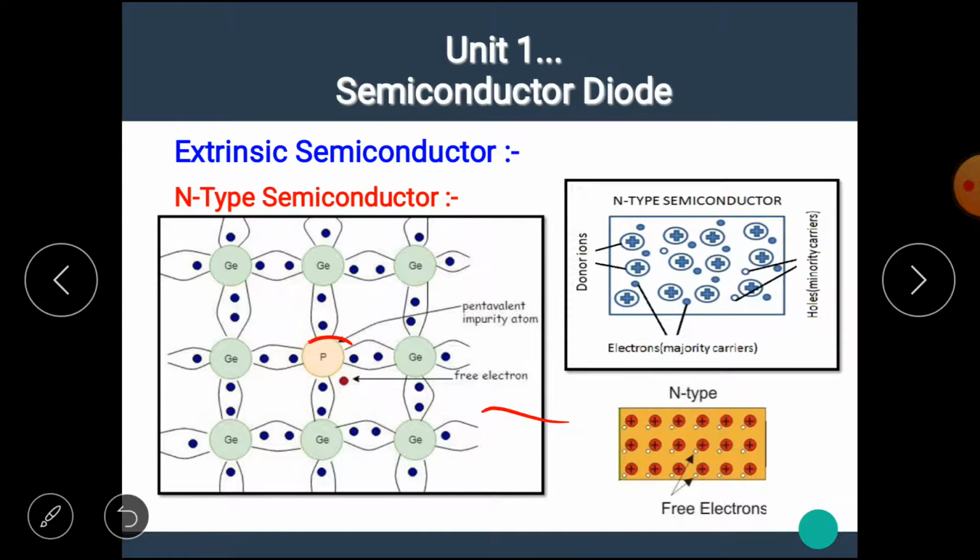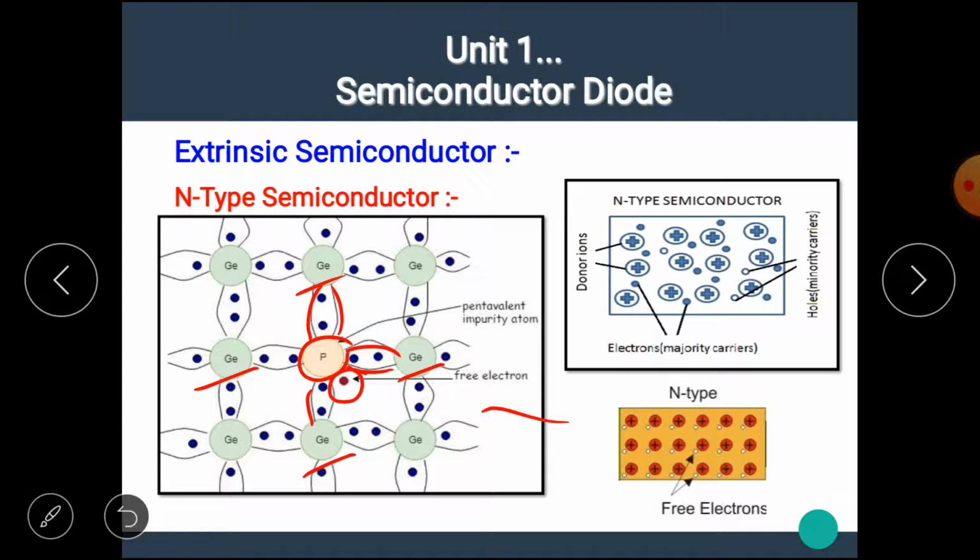Here the phosphorus atom makes a covalent bond with the neighboring 4 germanium or silicon atoms. In that bonding, 4 electrons are in covalent bonds while 1 electron remains as it is.